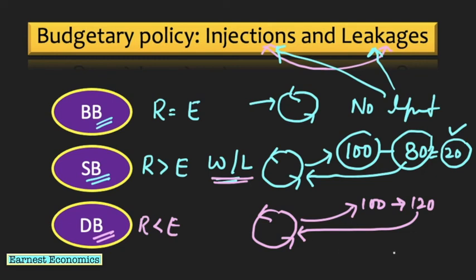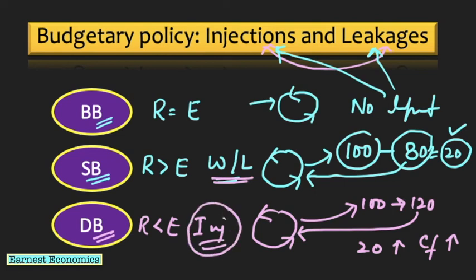So there will be an increase of 20 rupees in the circular flow, or we can say the volume of circular flow will increase. This is a case of what we call injections, because more funds have been injected by the government into the circular flow of income.